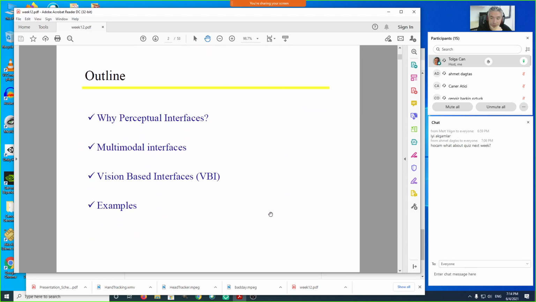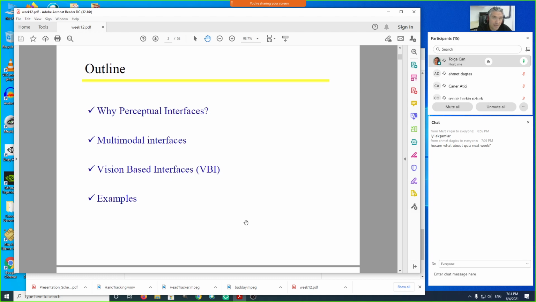issue on perceptual interfaces, but there are still challenging problems in terms of body tracking, face tracking, hand tracking, and combining these different modalities. I mean, how can you combine? We have seen that put-that-there application last week when we were talking about speech.